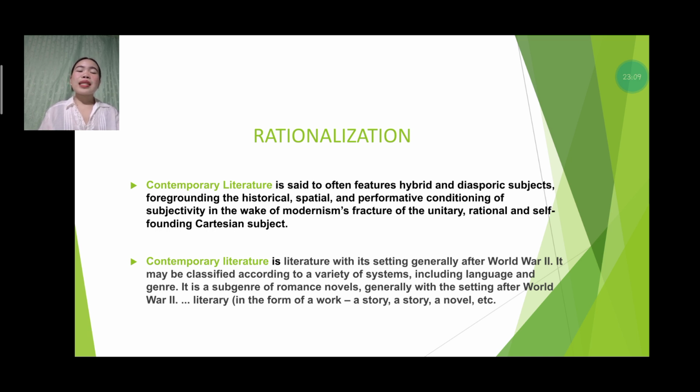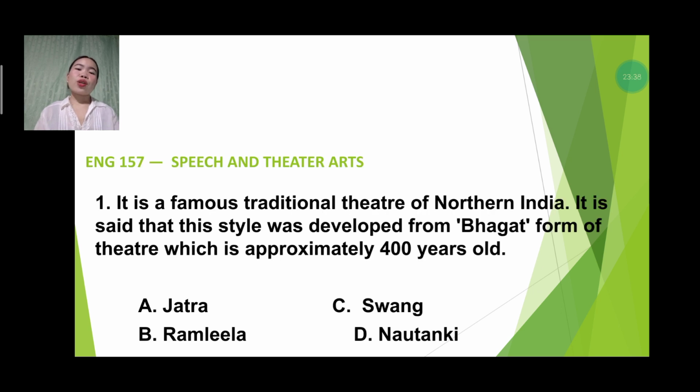So contemporary literature is a literature with its setting generally after World War II. It may be classified according to a variety of systems, including language and genre. It is a subgenre of romance novels, generally with the setting after World War II. So it is a literary work in the form of a story or a novel. So that is contemporary literature.